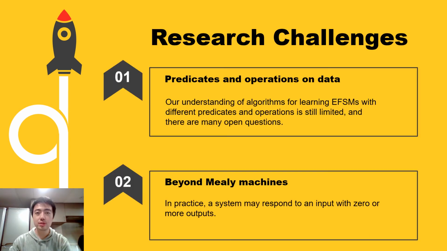The first challenge is predicates and operations on data. Our understanding of algorithms for learning EFSMs with different predicates and operations is still limited, and there are many open questions. Using register automata learning, a stack with a finite capacity storing values from an infinite domain can be learned.